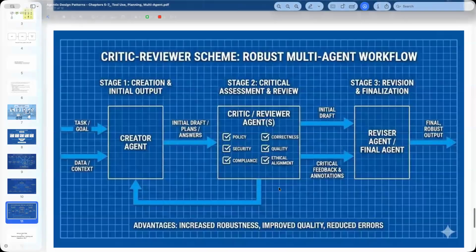In the critic reviewer scheme, we have the creator agent that produces some output, and we have an LLM as a judge, a reviewer, a critic that either provides a score that we can use later, or it can provide actual feedback to the creator.